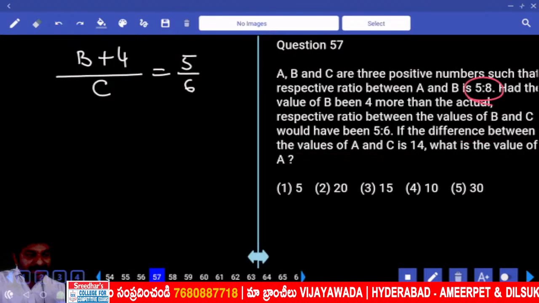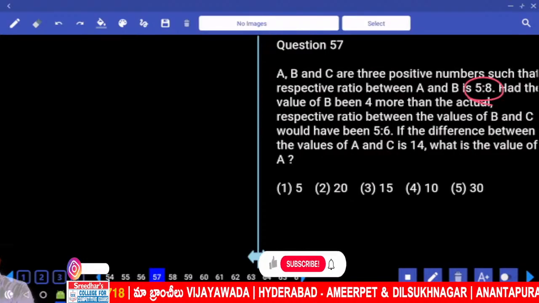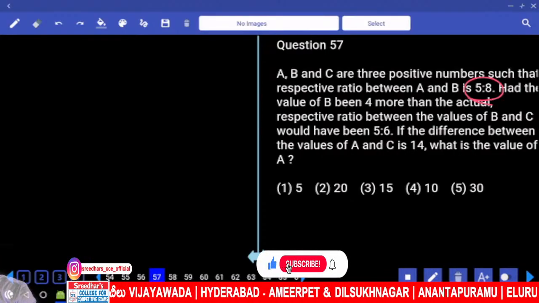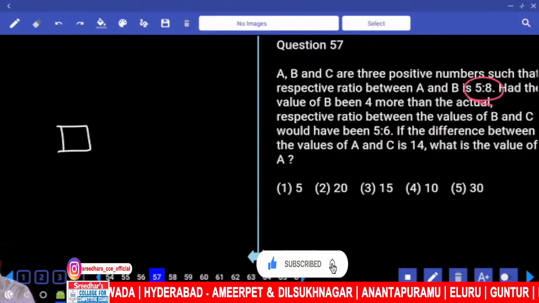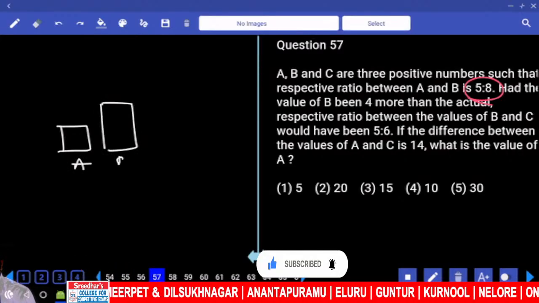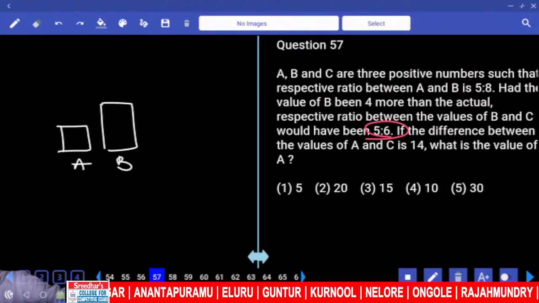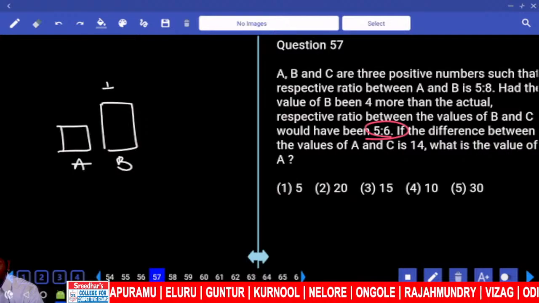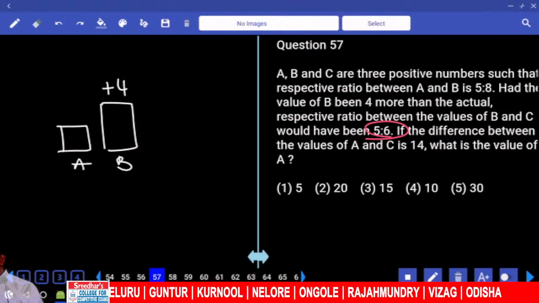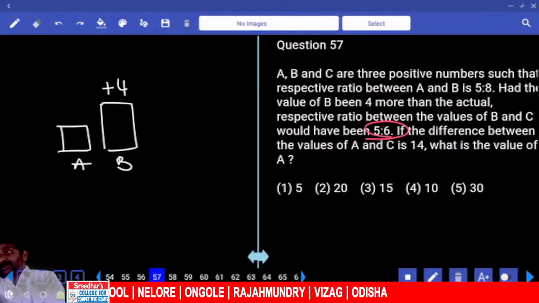Now from the first ratio, A, B, which is more? Let me take this is A and this is B. B is more. Are you okay? Now 5:6 is the ratio between BC. B after increasing 4 and then C original value, ratio is 5:6.